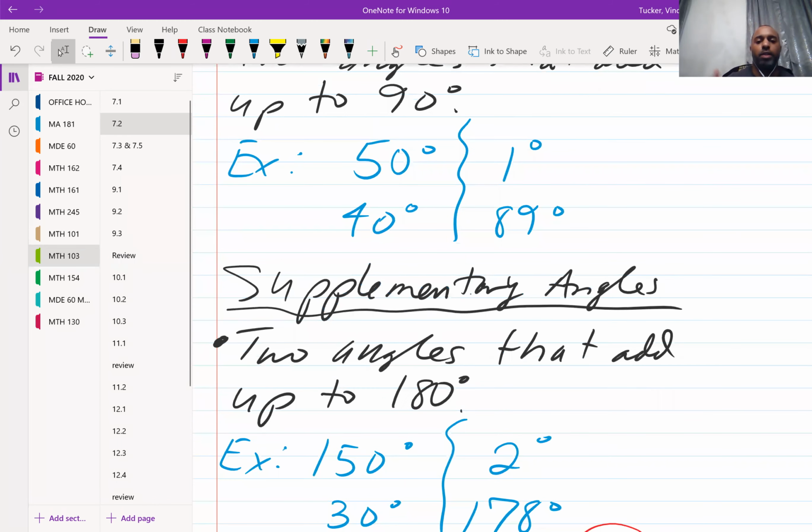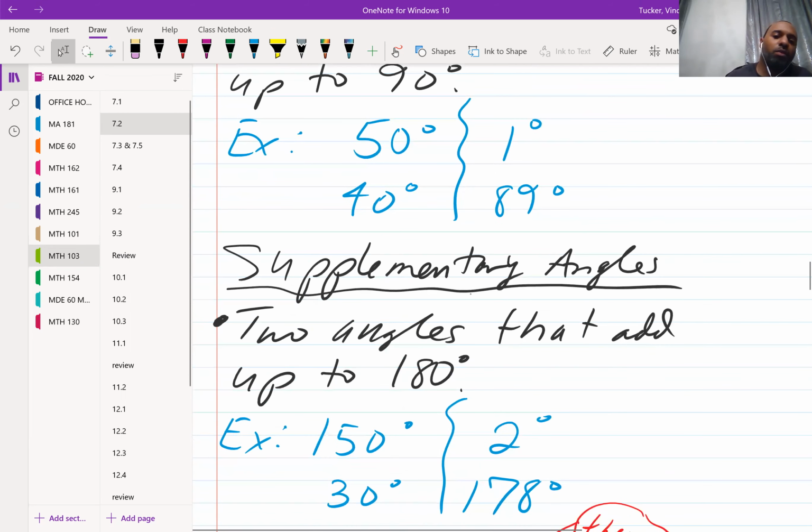Supplementary angles are two angles that add up to give you 180 degrees. So 150 and 30, or 2 and 178, would be considered supplementary.